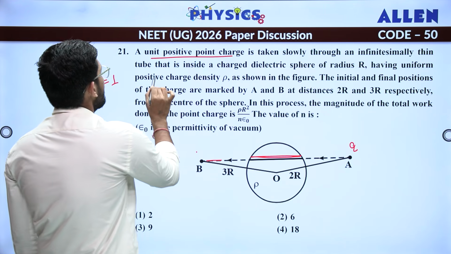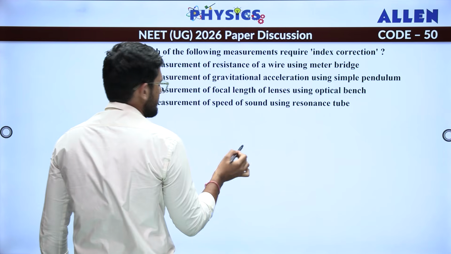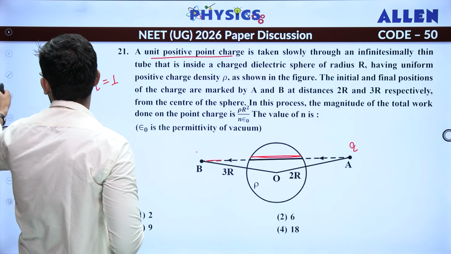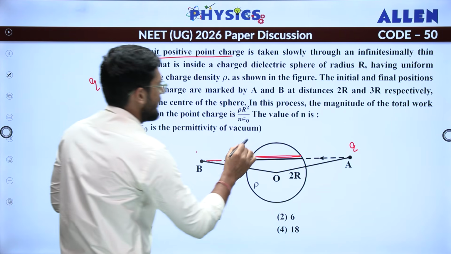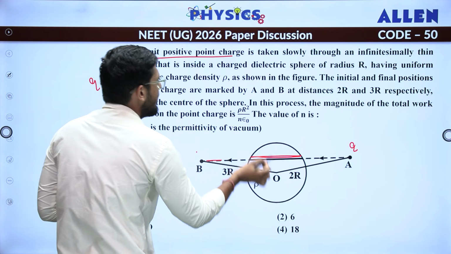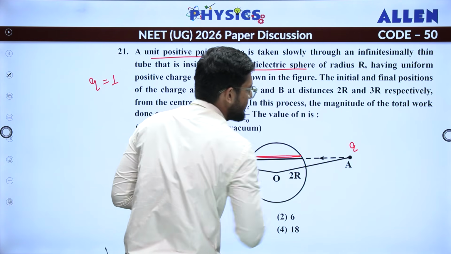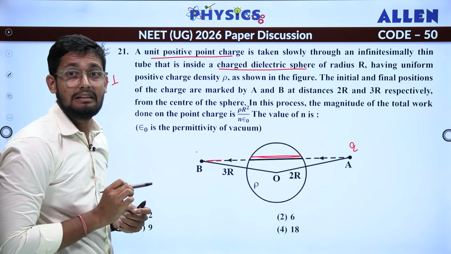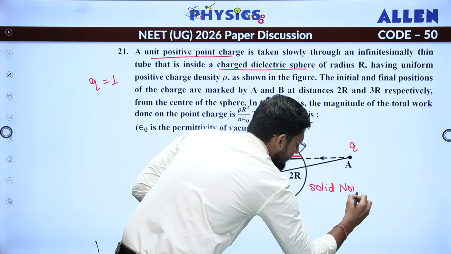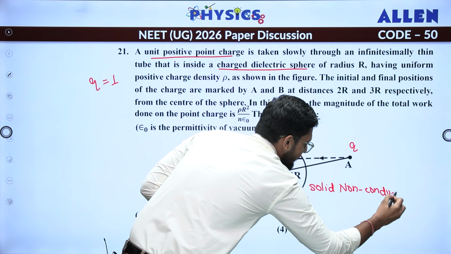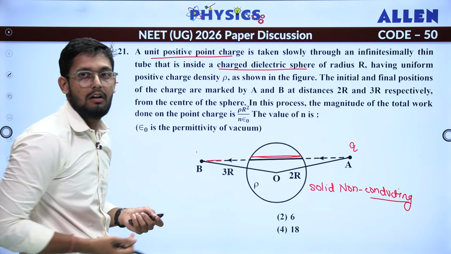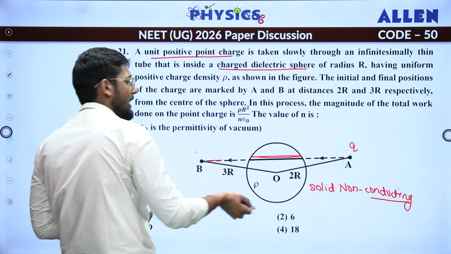There's a tube-like gap in this sphere. Now this sphere is a charged dielectric sphere of radius R. So you will consider this as solid, non-conducting. Whenever the word dielectric is given to you, it means non-conducting, and this is solid.